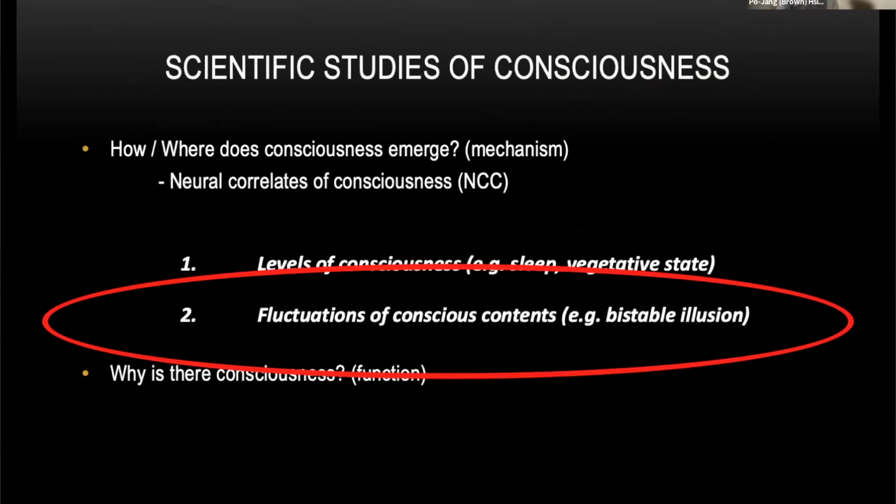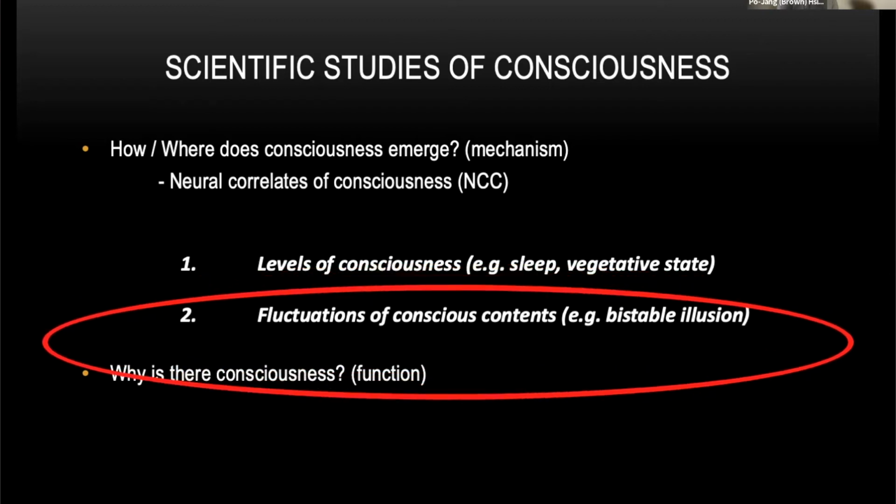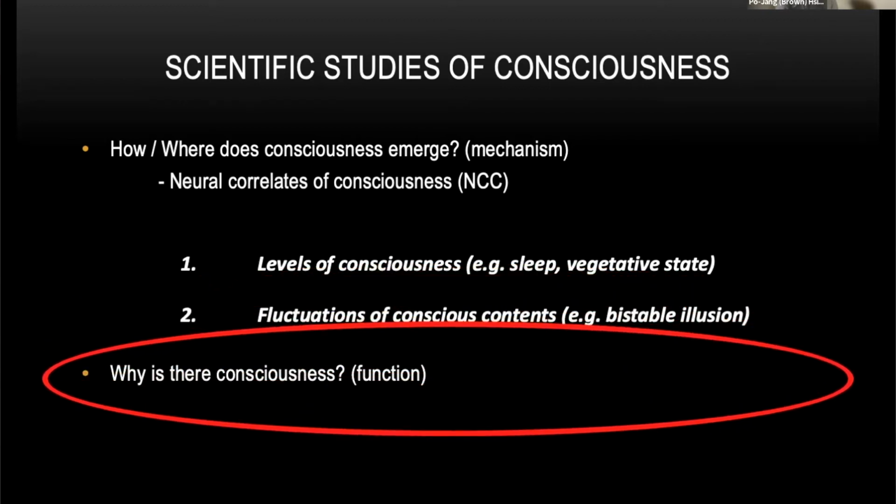Okay, so you just saw a few other examples of how we study neural correlates of consciousness, especially about the fluctuation of visual consciousness in the brain. And now I'm going to move on to the other direction of consciousness research, which is about the functions of consciousness.